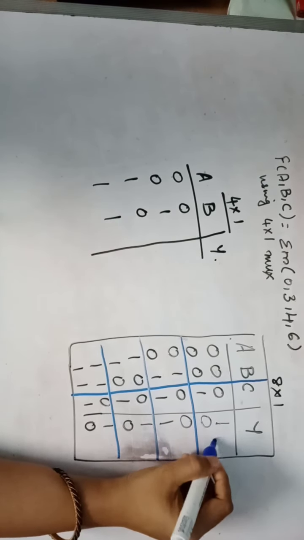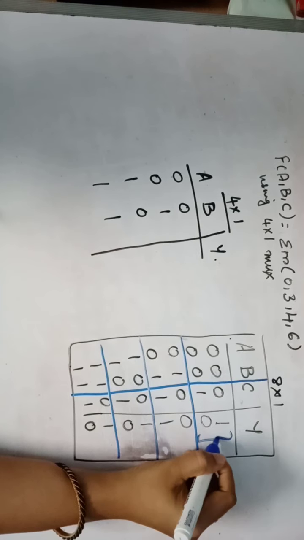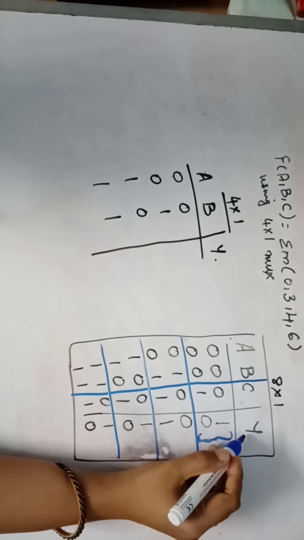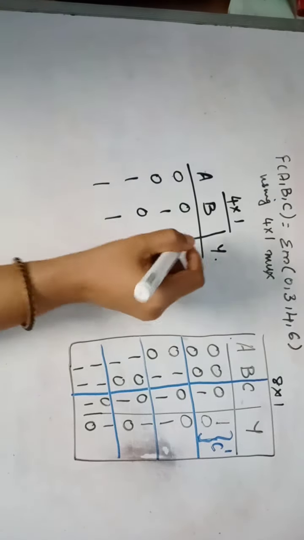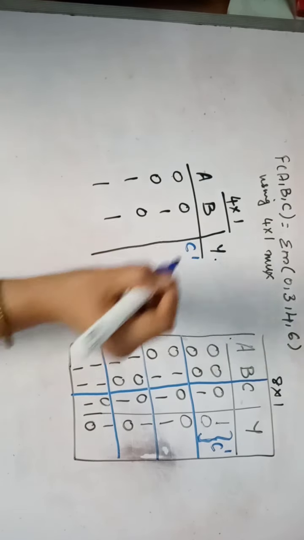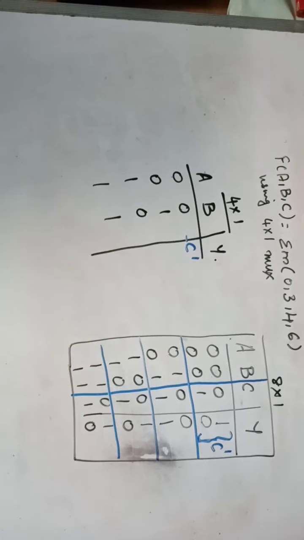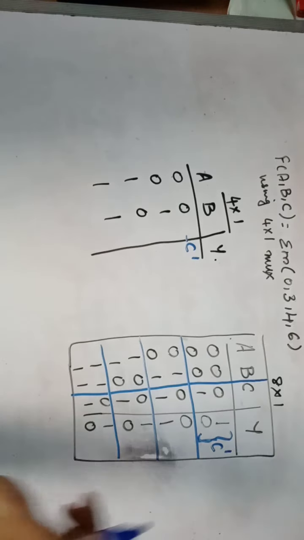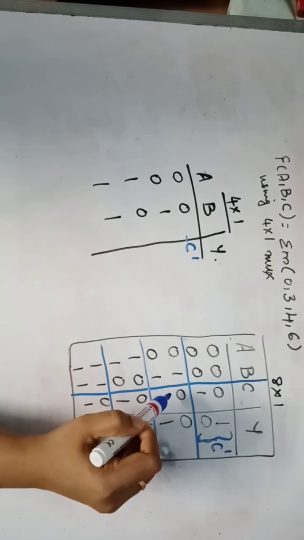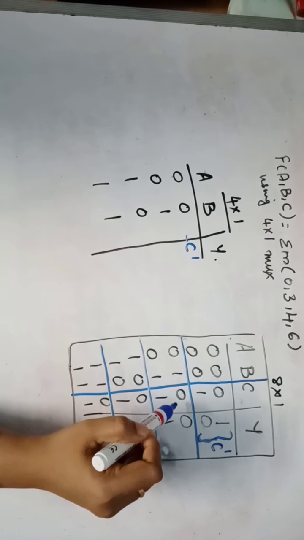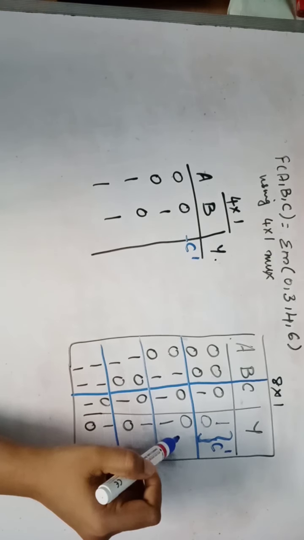You can say that Y is equal to C complement. Whatever is C, complement that, you will get Y. So you have to see the relation between the eliminated select line and the output.